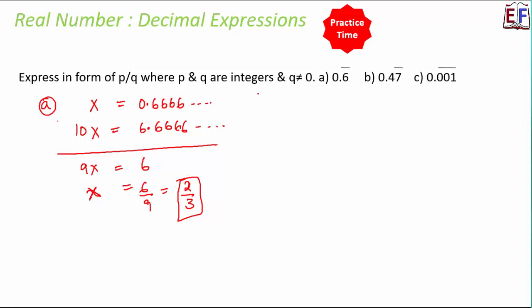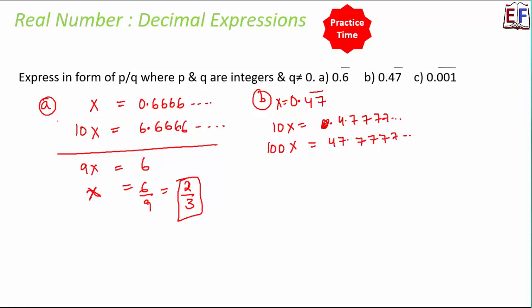Great. Now let us look at the second one, which is 0.47. So here we have 2 decimals after the decimal point, right? So let us first multiply. So this is x. Let us multiply it by 10x. So what do we get? We get 4.7777 and it keeps repeating. If we multiply it by 100x, what will we get? We will get 47.7777 and so on.